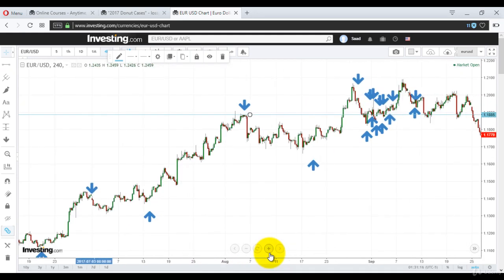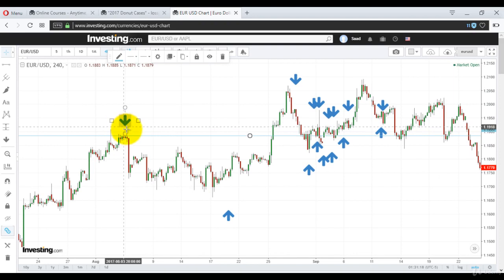If I zoom in, you will see this is the high. This is the high where all the big black candles are concentrated. Either their close is there or their open is there. Their close is there, their close is there. And now it's going lower. So it tells you this was the turning point.